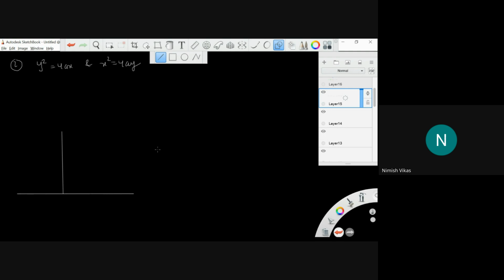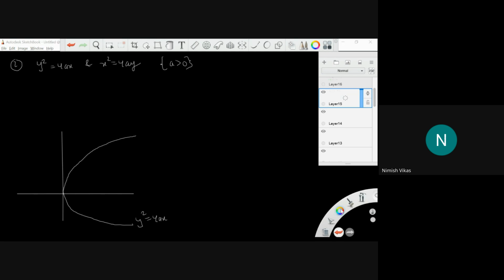So it's a right side facing parabola and an upward facing parabola. Here we assume that a is positive. So y square is equal to 4ax goes like this.